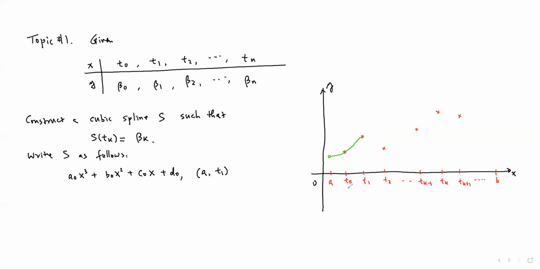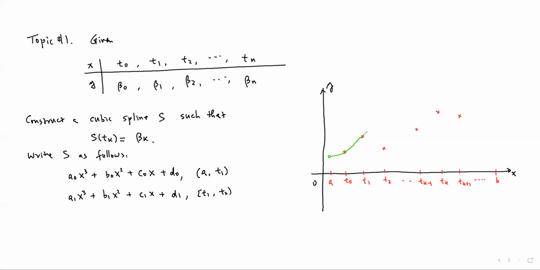Then over the second interval from t1 to t2, S is a cubic polynomial A1 x cubed plus B1 x squared plus C1 x plus D1.